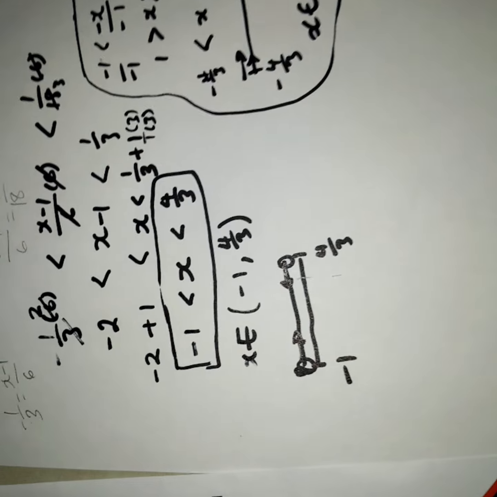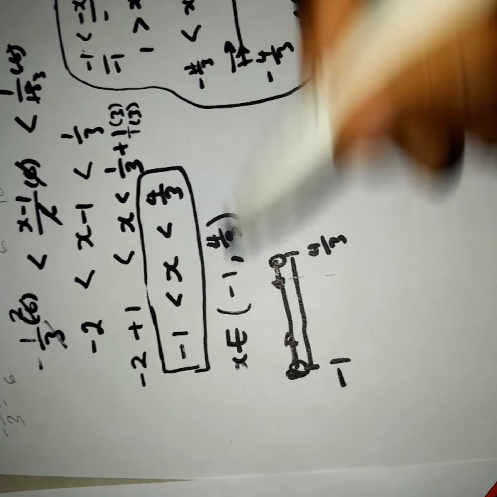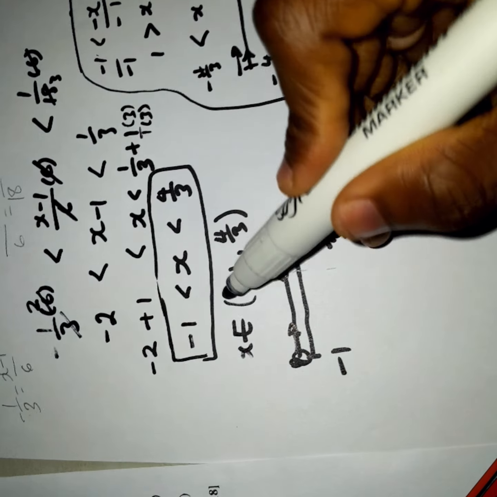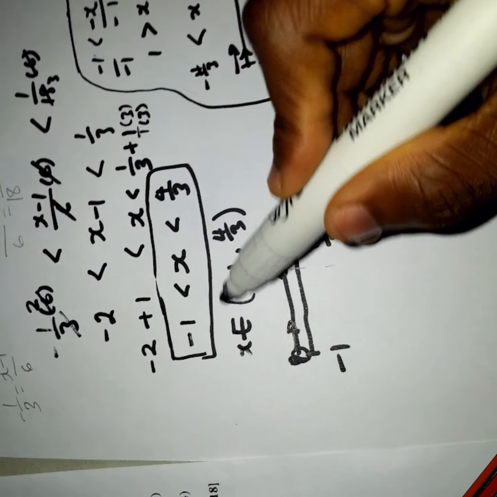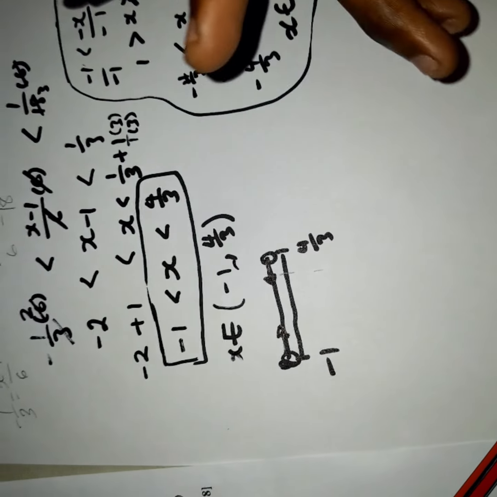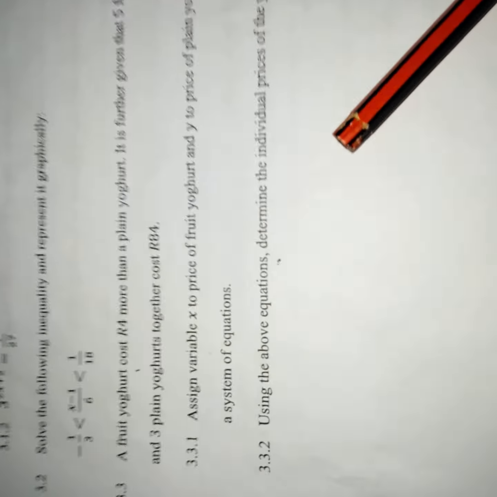So this is how we're gonna do this. And here, because there are no greater than or equals to, we don't include this -1 and 4/3. Okay, so let's move to the next question.